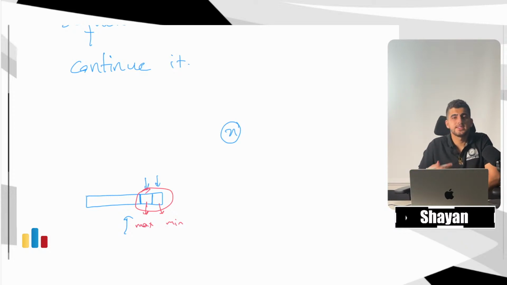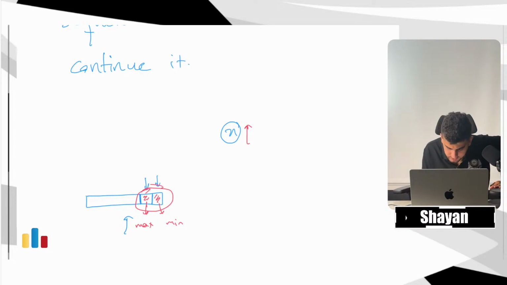Or vice versa, x is very small and the last number needs to be maximized and the one before that needs to be minimized. If x is very large, for example, and the last number needs to be minimized and the one before that needs to be maximized, then x is not better than the last one, but it is better than the one before it, and maybe it makes sense for us to remove both of these and add x here instead.